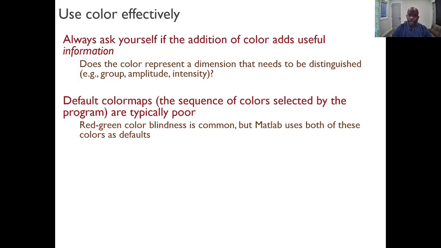If we start adding color, most programs have what's called a color map that specifies the set of colors used for figures by default and the sequence in which those colors are added to the figure. For instance, one problem with a lot of these color maps is they may use red and green as two early options for colors, but this may cause problems for people who have red-green color blindness.